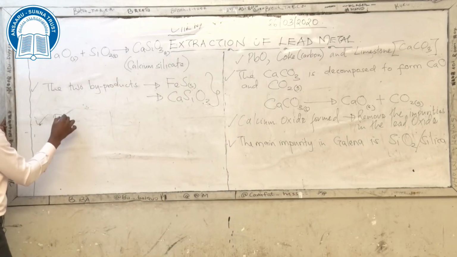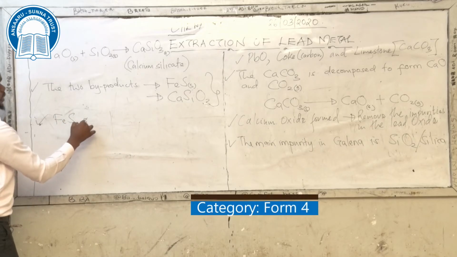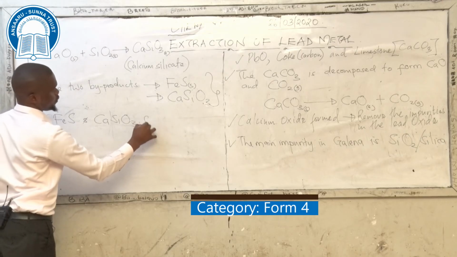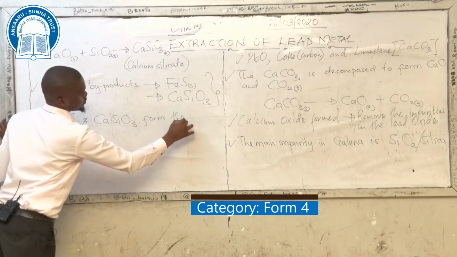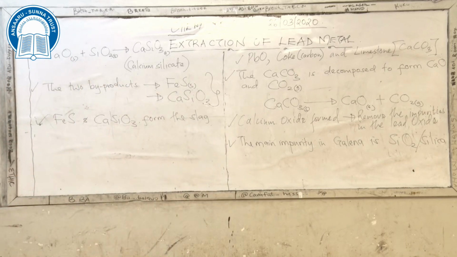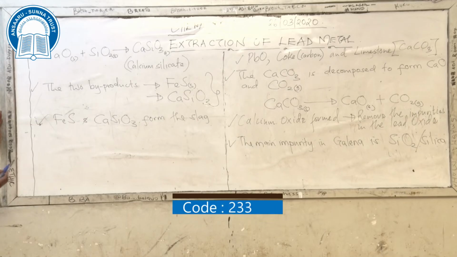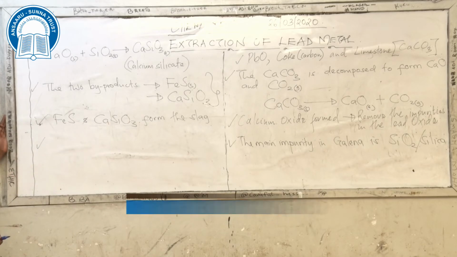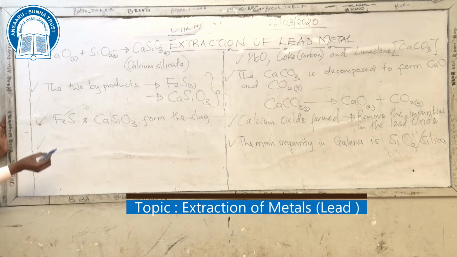So iron 2 sulfide and calcium silicate form the slag. Now the slag here is a bit lighter compared to molten lead. The lead collected in this method is collected in molten form at the bottom of the blast furnace, and the slag will float on top of molten lead and be separated from lead.